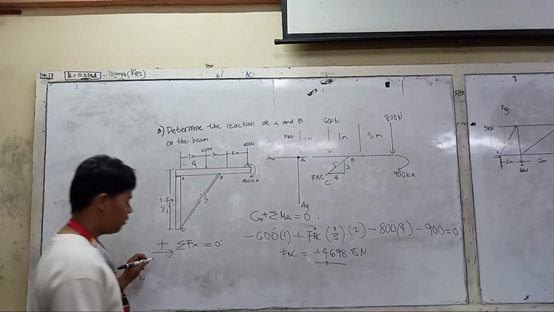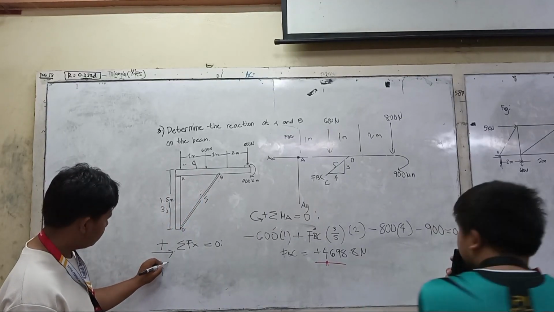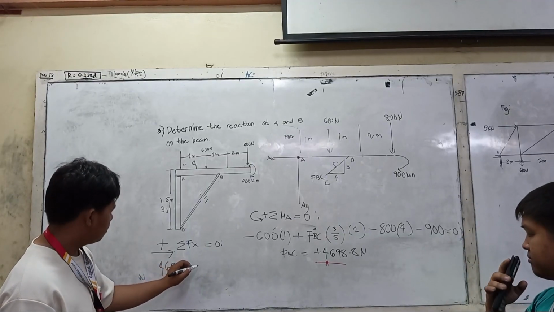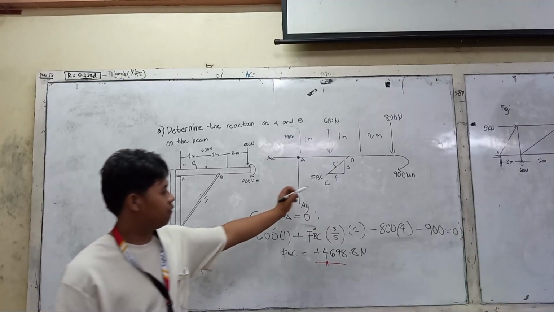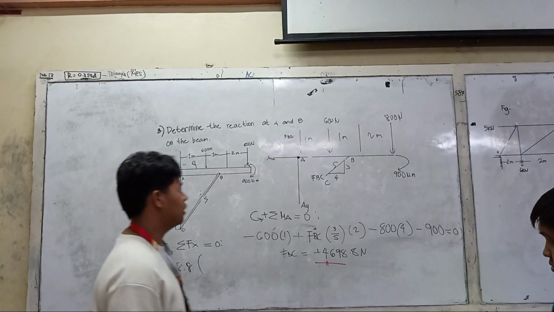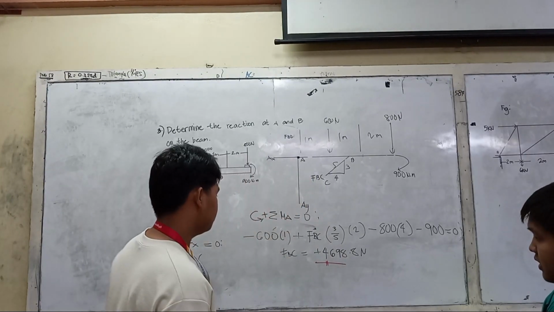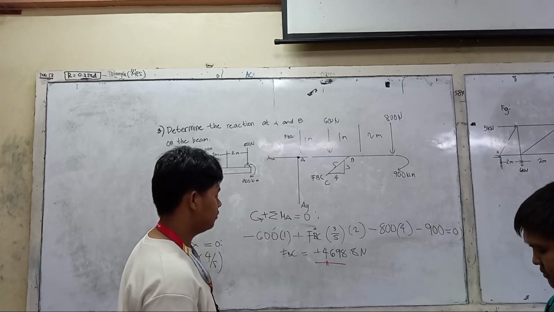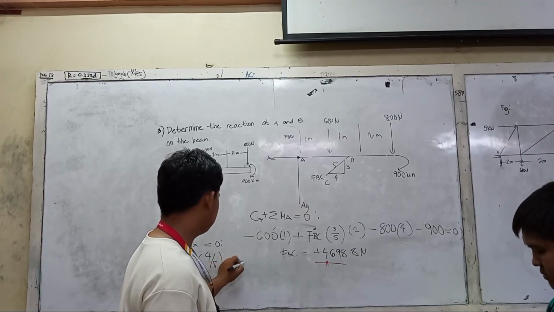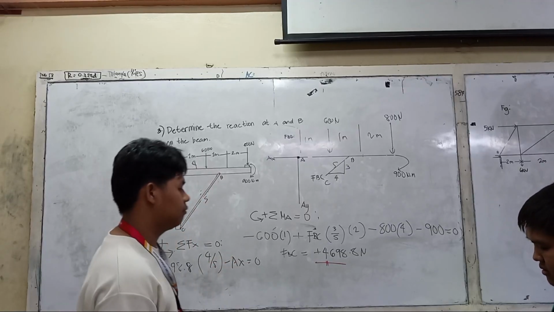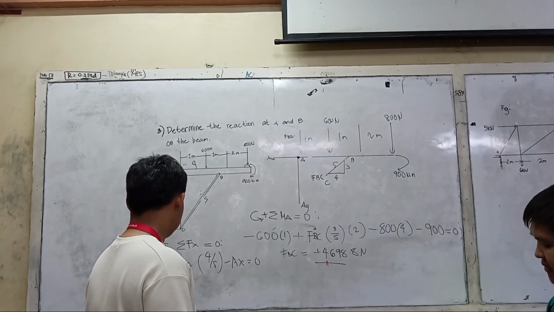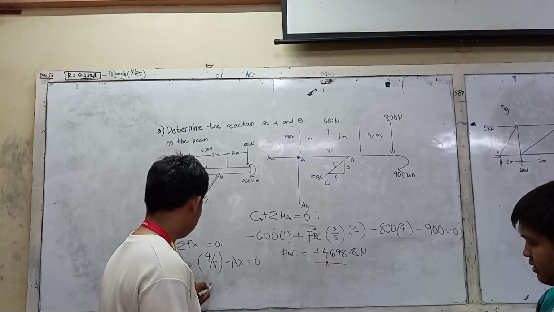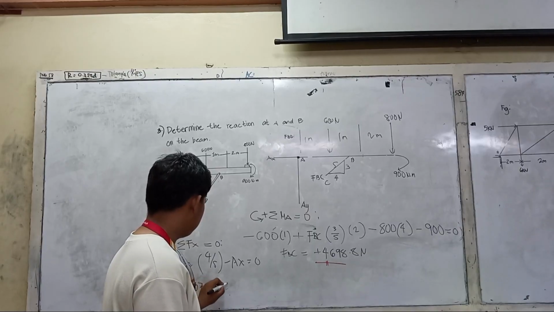So it will become 4,698.8 times the 4 over 5, so the adjacent over hypotenuse. 4,698.8 times 4 over 5. Yes. So the answer is 3,759.04 newton.